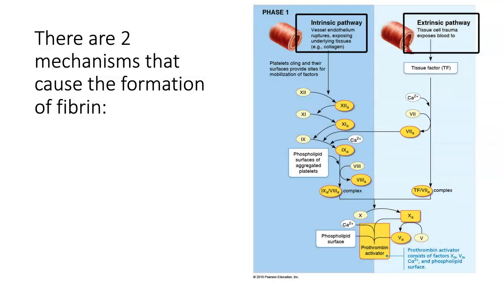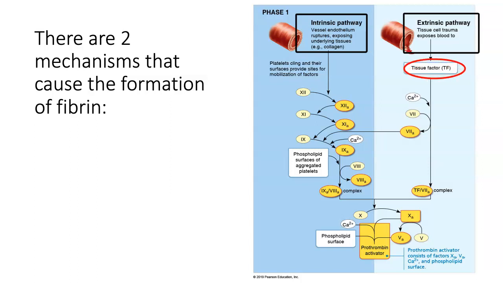Let's take another look at the intrinsic pathway. The intrinsic pathway doesn't have anything extra put into the blood. So in other words, everything that has to be there in order for the blood to clot is there. It's an innate ability. That's intrinsic. Versus extrinsic, look at the top of that pathway. They're showing me something called tissue factor. What is that?